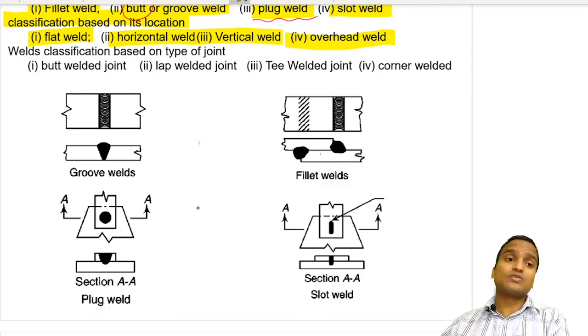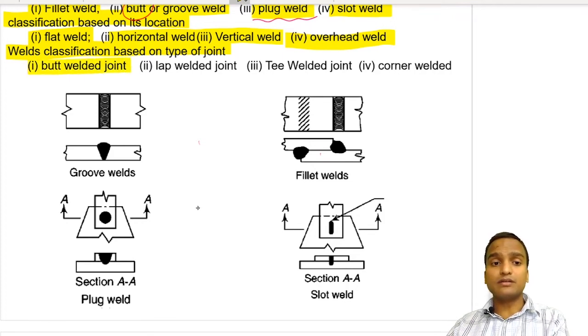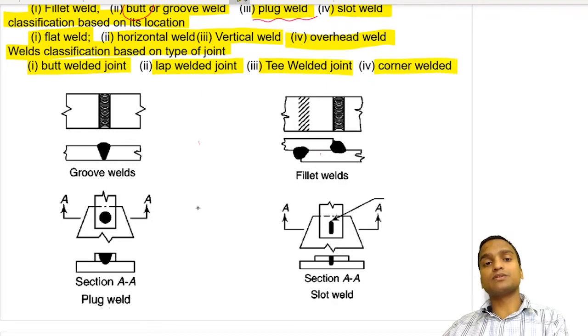So the next classification of weld is based on type of joint. Now the type of joints, as we have discussed already, the welds can be butt welded joint, lap welded joint, or it can be T welded joint, or it can be corner welded joint.